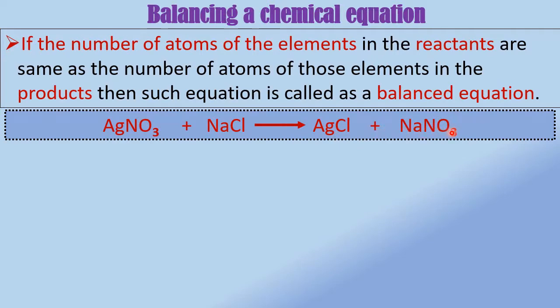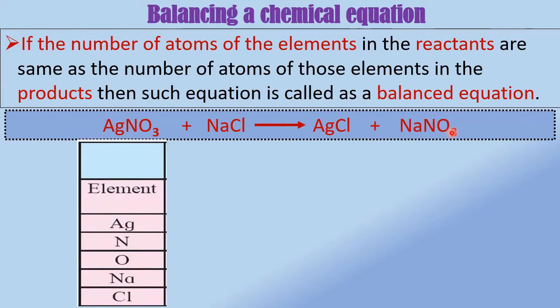Let us make a table. In the first column of the table, we write the symbols of the elements that are involved in the given chemical equation. So, let us see the elements involved in the given chemical equation.